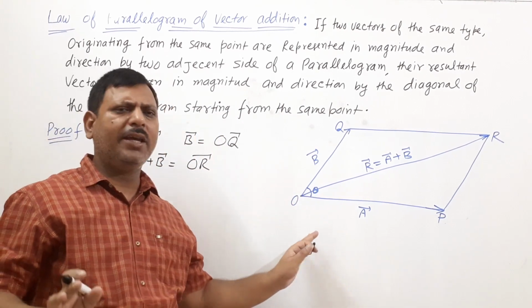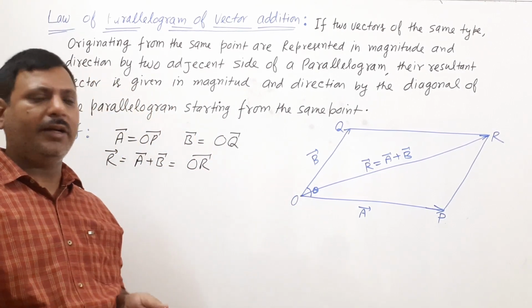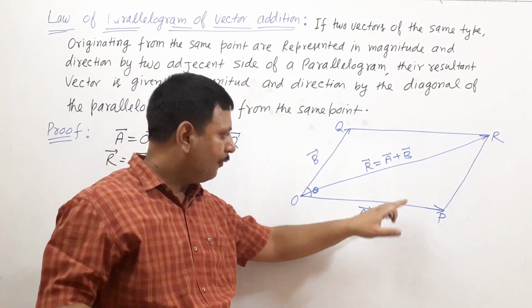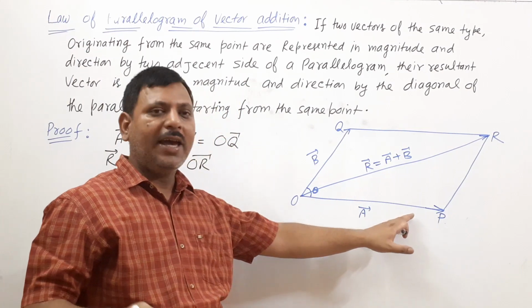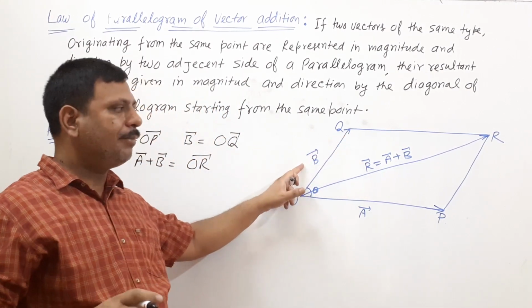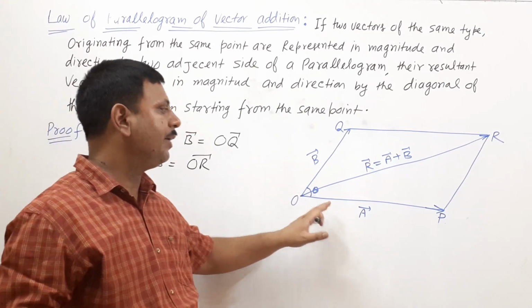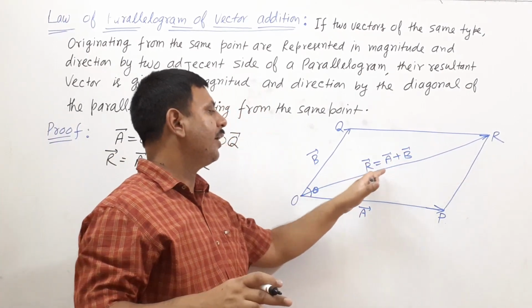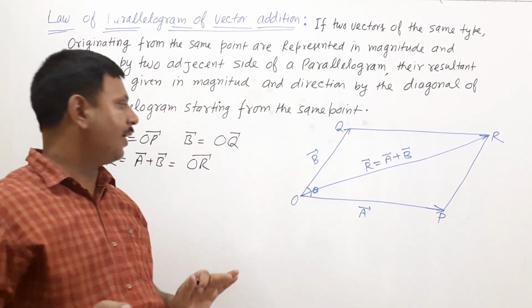This is very important, the parallelogram law of vector addition. I have supposed this one side OP as vector A, adjacent side OQ as vector B, then the resultant will be represented by the diagonal OR, both in magnitude and direction, as vector R.